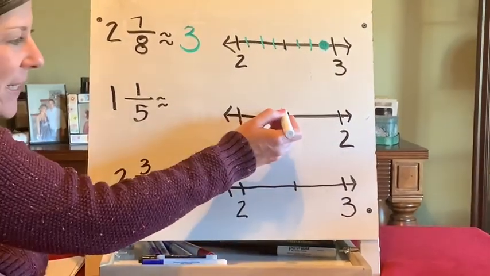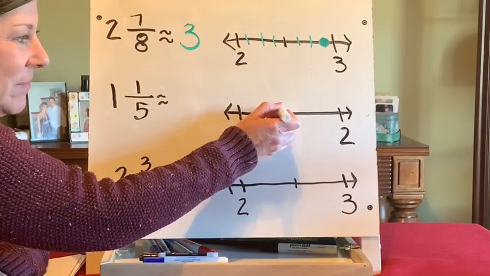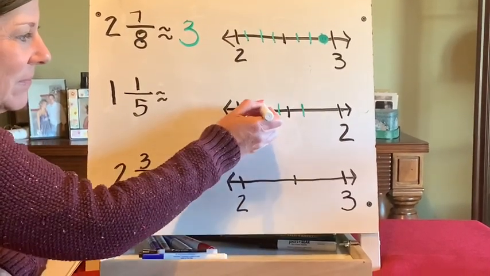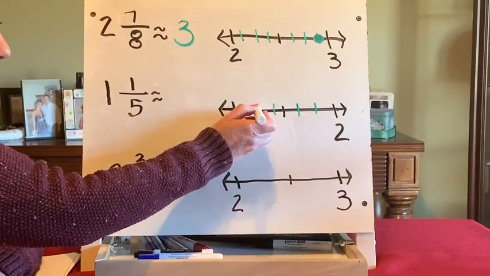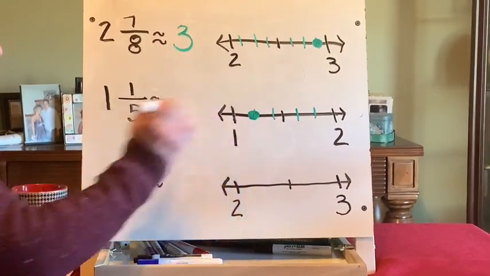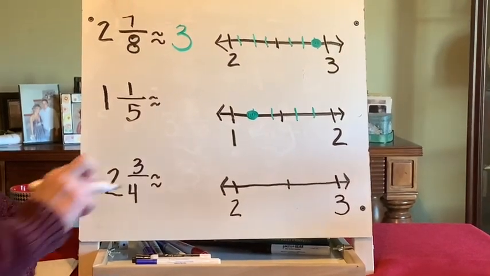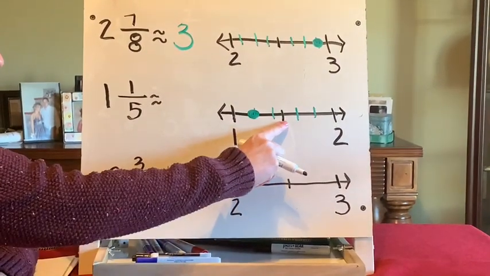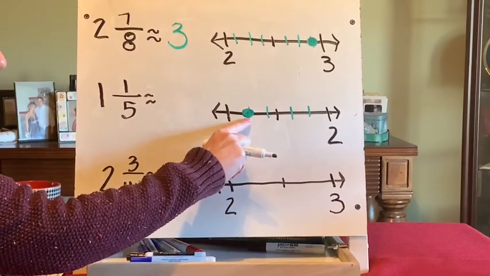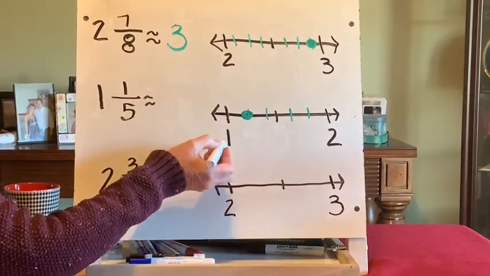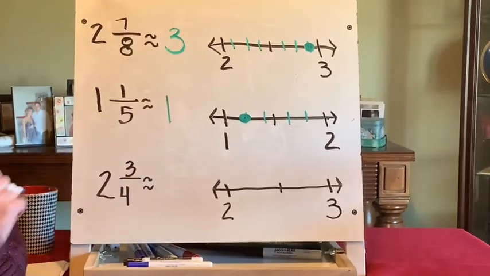Well, if I were going to break this into fifths, 1 1/5 would be about right here. Well, here's 1. There's that 1 1/2. There's 2. And 1 1/5 is definitely closest to 1 whole.